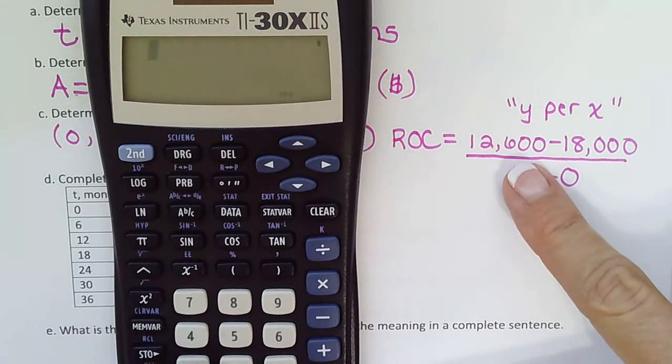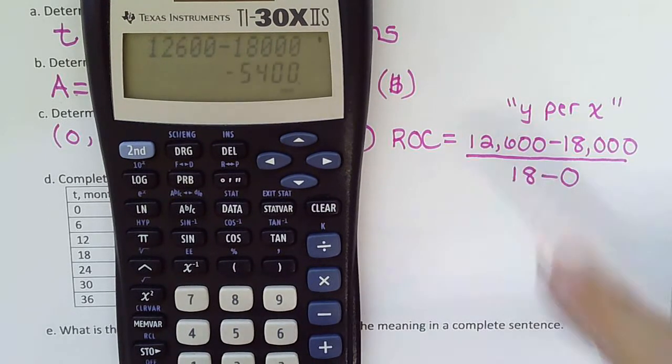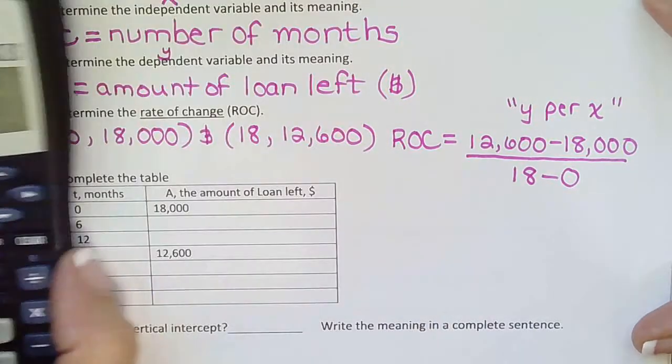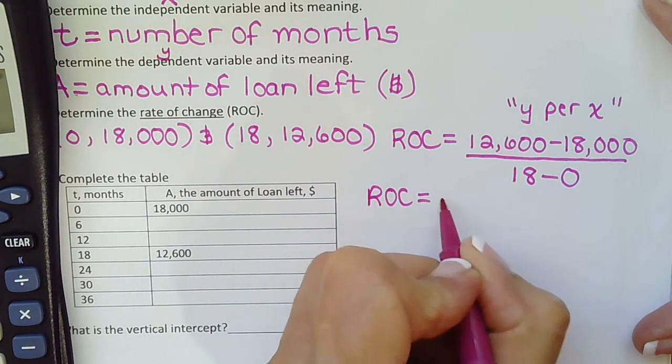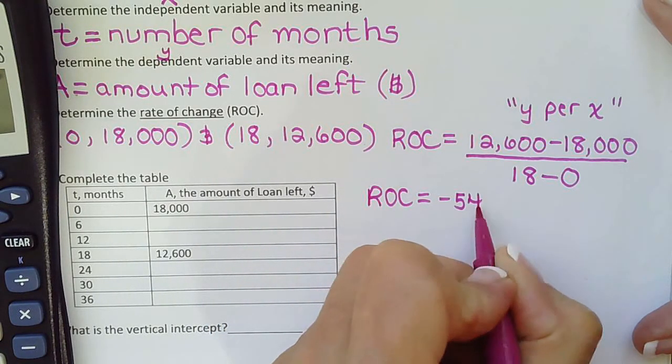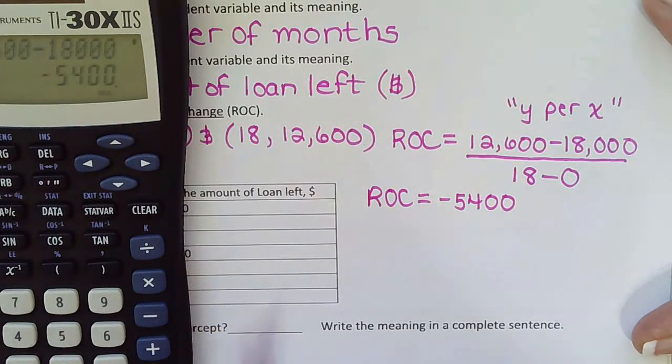So 12,600 minus 18,000 gives us negative 5,400 over 18.